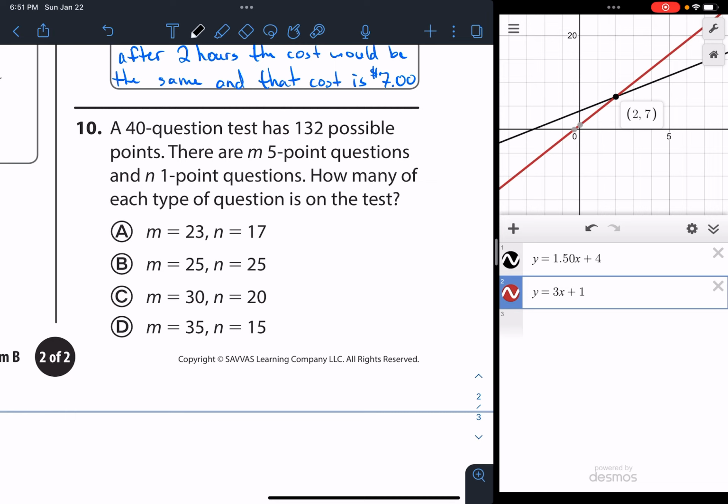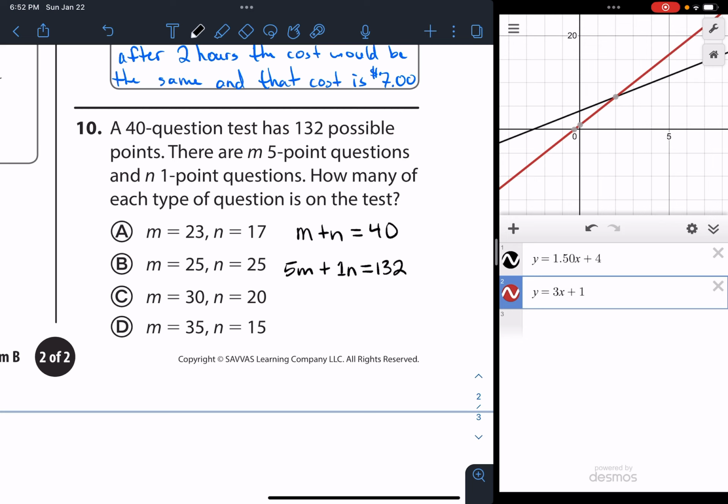M plus N, the total questions, is 40. And then there are 5-point M questions and 1-point N questions for a total possible points of 132.